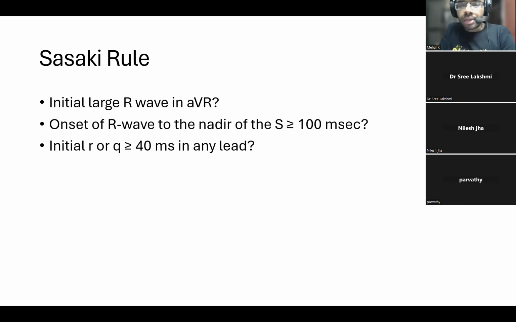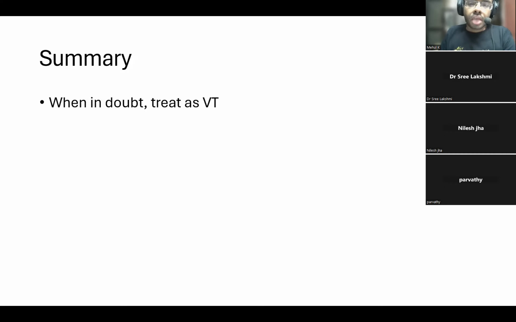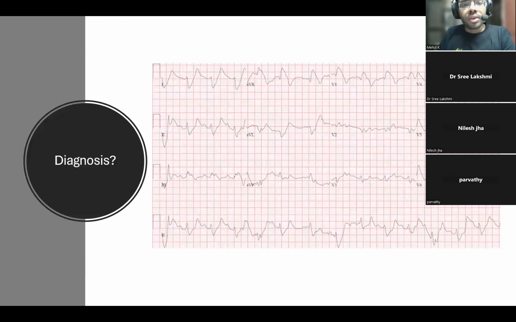Look for the big R wave in aVR, look at the Brugada sign, and look at the initial part of the QRS. These are the biggest clues to help you decide whether it is SVT with bundle branch block or VT. And when in doubt, treat as VT.